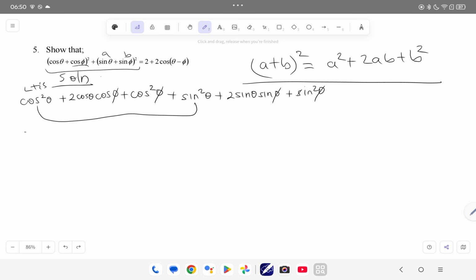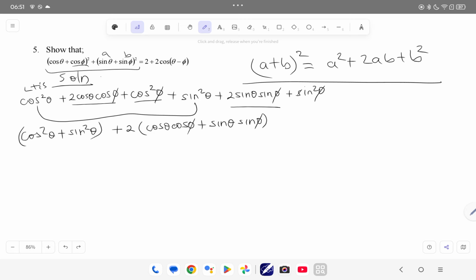This one and that one, we shall have cos squared theta plus sin squared theta. Then this and this are also similar. This is cos theta cos phi plus, I have pulled out the 2 sin theta sin phi.